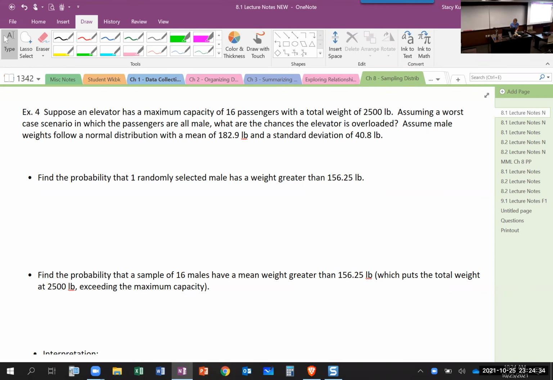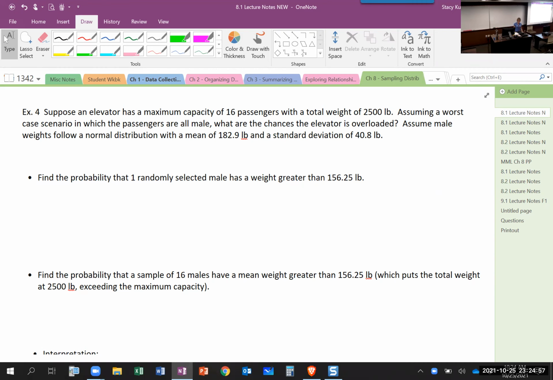Okay. So for this question, it says here, assuming that male weights follow a normal distribution, we have a mean of 182.9 pounds and a standard deviation of 40.8. So let's look at that for just a second. Let's set this problem up.